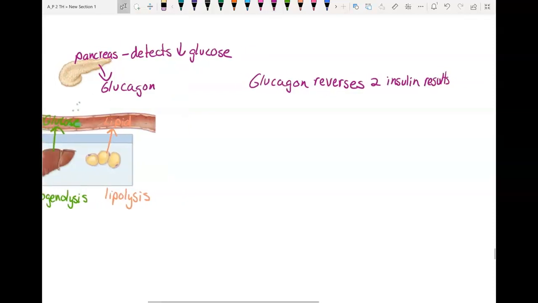Right, so you do put glucose from the liver back into the blood and lipids from the adipose.